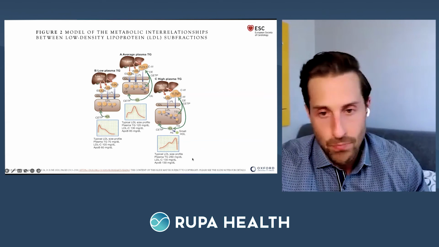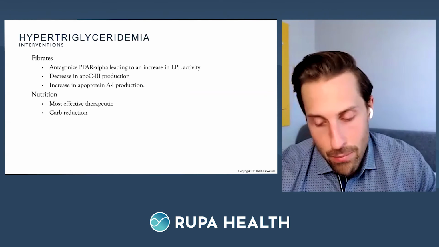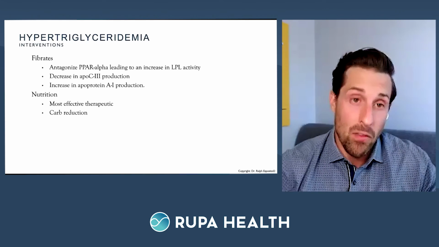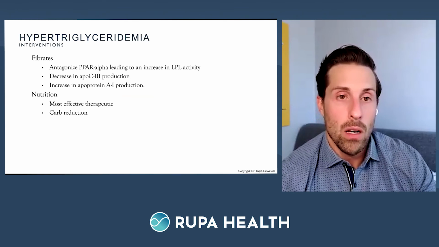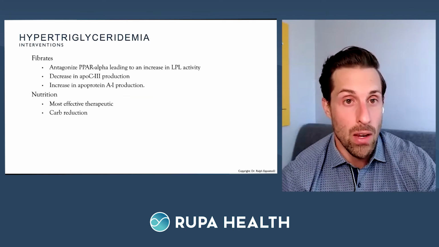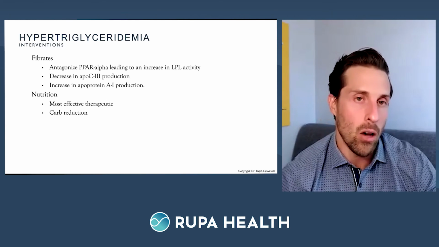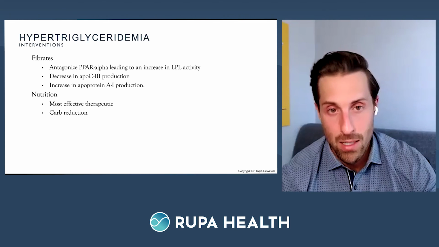And these are some interventions for elevated triglycerides. I can argue that nutrition is probably the best intervention. And we find that fibrates usually work in people who are more insulin resistant. So fibrates inhibit ApoC3, and ApoC3 inhibits lipoprotein lipase, so it essentially causes an increase in the residence time.